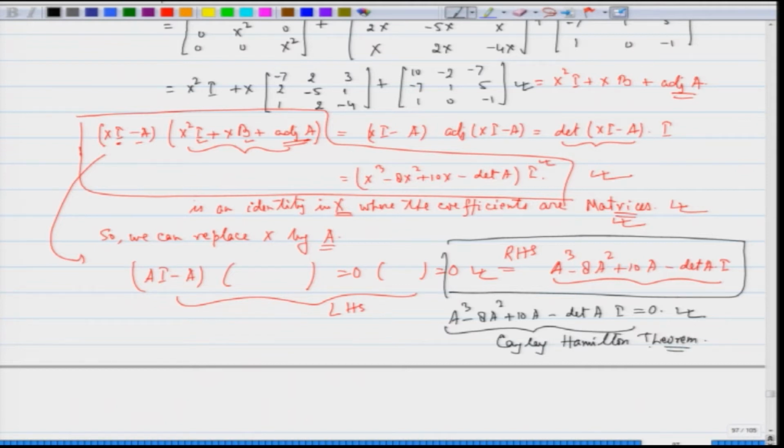What the Cayley-Hamilton theorem says is that every matrix satisfies its own characteristic polynomial.